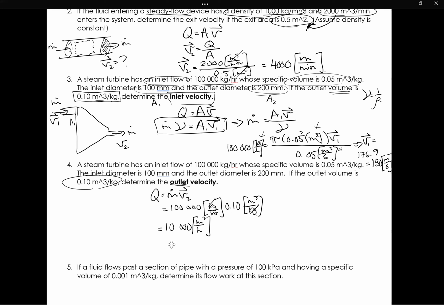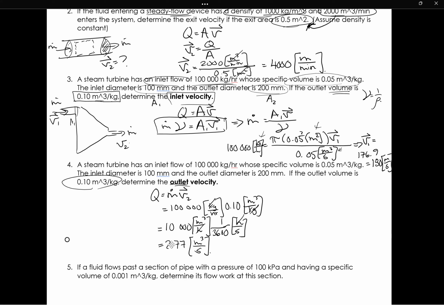And if I don't want an hour, then I put it in the numerator here so it can cross out. And I say there's 60 seconds. Oops, not 60 seconds, 3,600 seconds in 1 hour. So I get 2.77 meters cubed per second is my volumetric flow rate at the outlet. Well, it should be the same at the inlet as well, unless it's a compressible fluid.